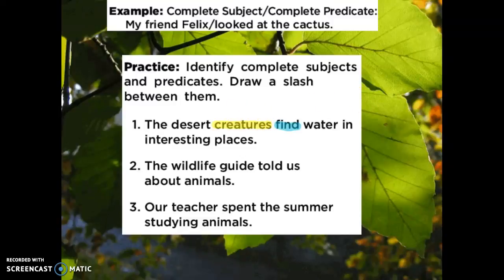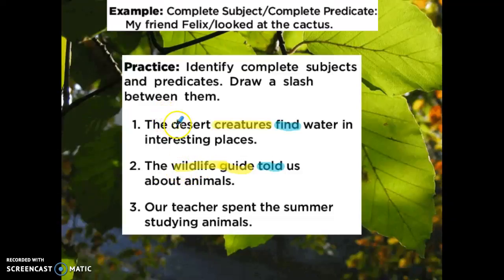The verb or the predicate in number 2, the wildlife guide. The wildlife guide told us about animals. First I want to find the verb, which was told, and then my subject, who or what told, the guide did. Now the complete subject will be the wildlife guide.